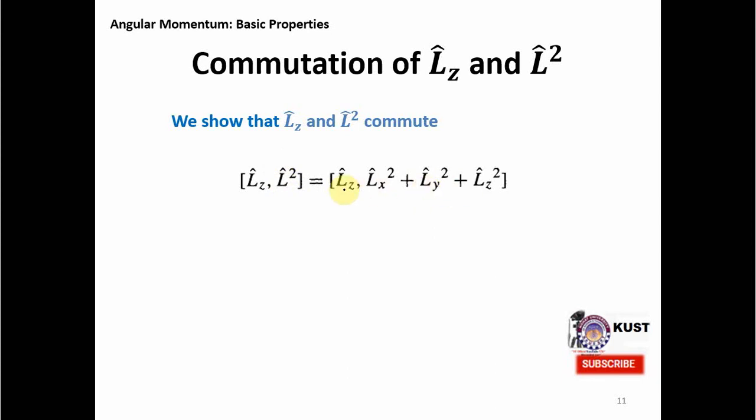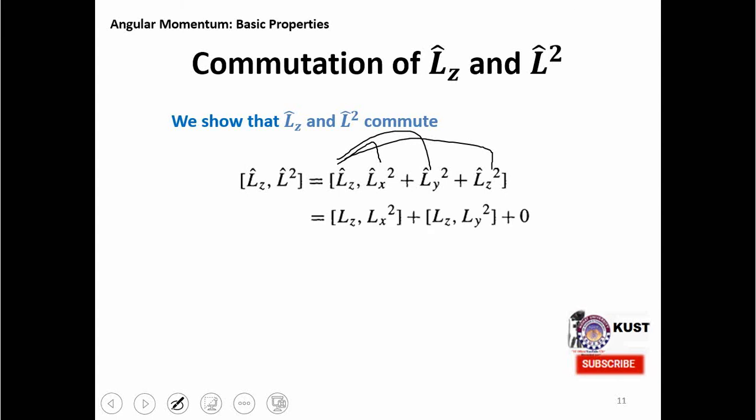Now you can see these are not just one commutator, but three commutators: Lz commuting with Lx squared, Lz commuting with Ly squared, and Lz commuting with Lz squared. The third one is by definition equal to 0, because any operator will commute with itself, or with the square of itself, or any function of itself. This we have done in the first part of this course.